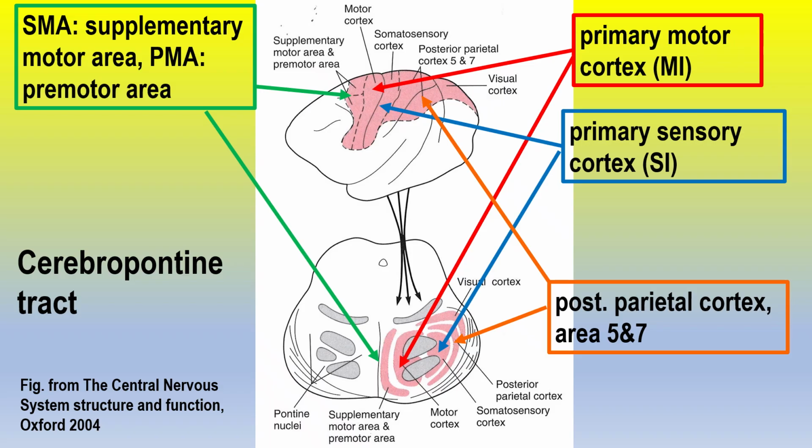The cerebellum modulates the activity of these motor areas to ensure that movements are executed smoothly and accurately.